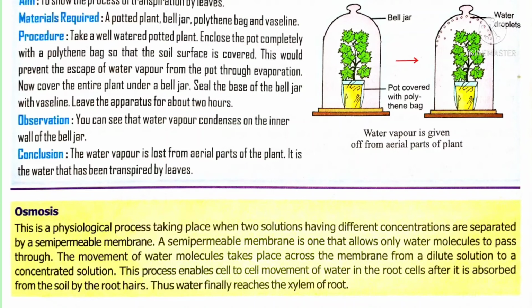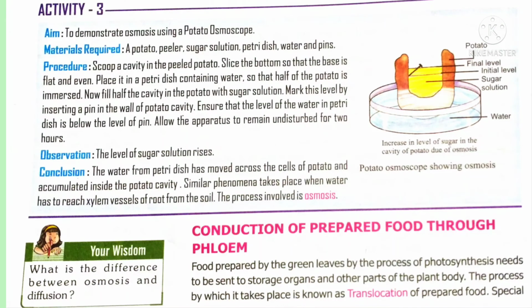In a less concentrated or dilute solution there will be less solute. So what will happen in diffusion? Solute particles flow from the higher concentrated area to the lesser concentrated area. So there is no confusion. In osmosis, water will flow. In diffusion, solute particles will flow across the layer, or here we can say across the cell membrane.